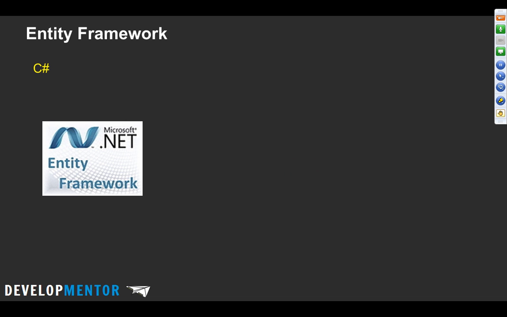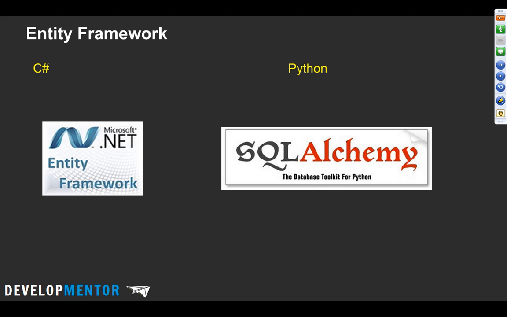Entity Framework, I talked a little bit about LINQ and all that, and Entity Framework is really nice. We'll see there's something called SQLAlchemy. SQLAlchemy lets you write things like LINQ queries against in-memory objects and do ORM type stuff, and those queries get mapped into SQL code, just like LINQ to Entity Framework does.